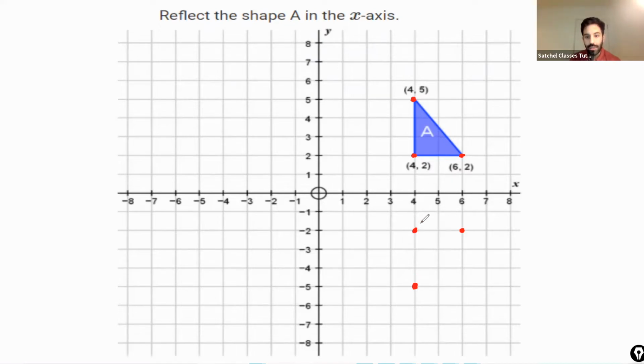So now what we need to do is join up the points. So we can draw a straight line. You would have to do this with a ruler. Join the corners, and what you have is this shape here, and we can call it shape B. So this shape has been reflected in the x-axis, and this is what it will look like. Let's try another example.